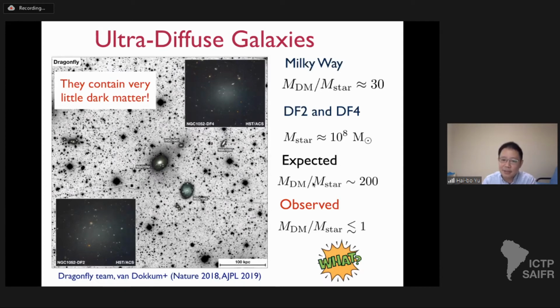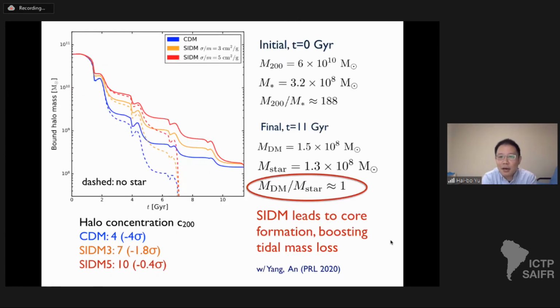It's a reasonable expectation. However, observation shows that this ratio is about 1 or less than 1. You actually don't need dark matter to explain the data. So this is really a puzzle for astrophysics. Our expectation is that these two galaxies are most likely satellite galaxies of the massive elliptical galaxy nearby.